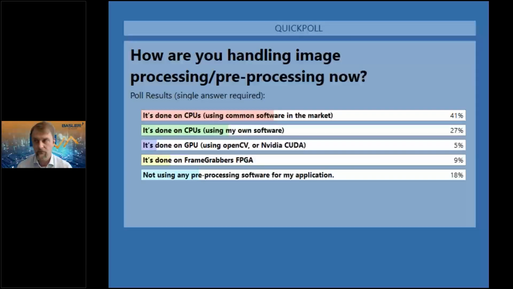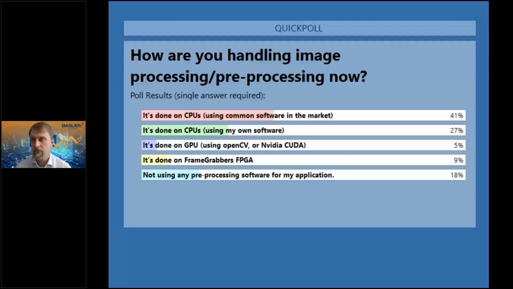Okay, so thank you everyone for participating in our first poll. The question here again to recap is how are you handling image processing for pre-processing in your current application? As you can see in the poll results, the most highly voted choice is done on CPUs by using common software in the market, for example, like MVTec or NI Vision. The second most voted choice is by using your own software.